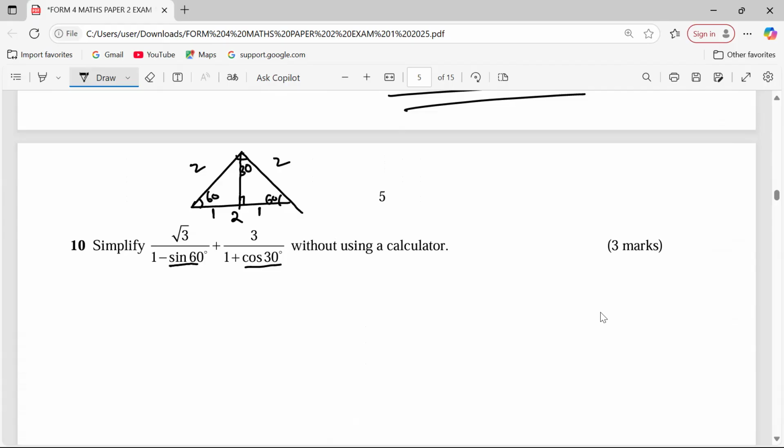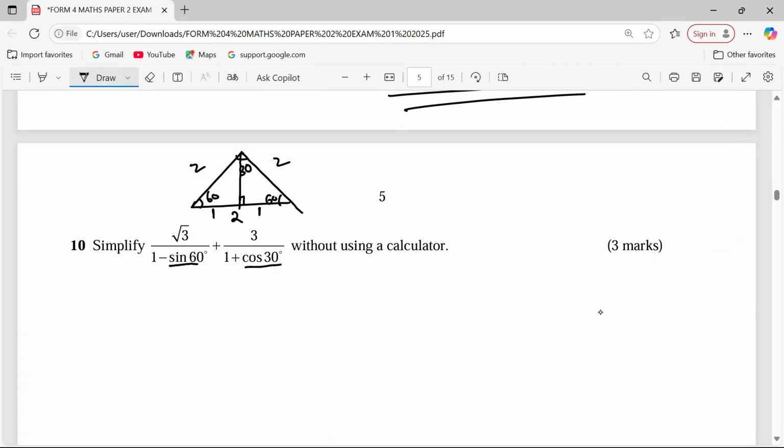After that, we can derive some trigonometric ratios here. For example, if we need to work out the sine of 30, not the sine of 30, sorry, we need the sine of 60.